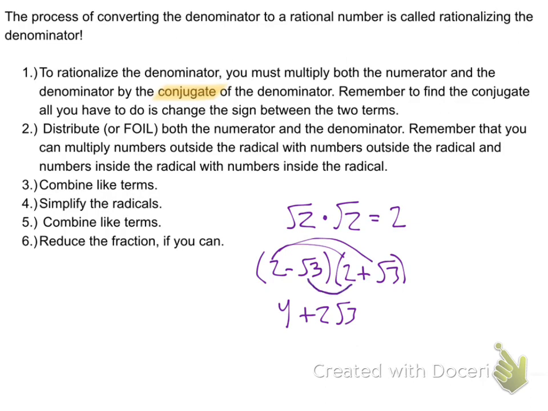Negative square root of 3 times 2 is minus 2 square root of 3. Ooh. And negative square root of 3 times square root of 3 is a minus 3. Do you guys see what's going to happen? The square root of 3's cancel, and 4 minus 3 is 1. Any more square roots? Nope. We got rid of them.